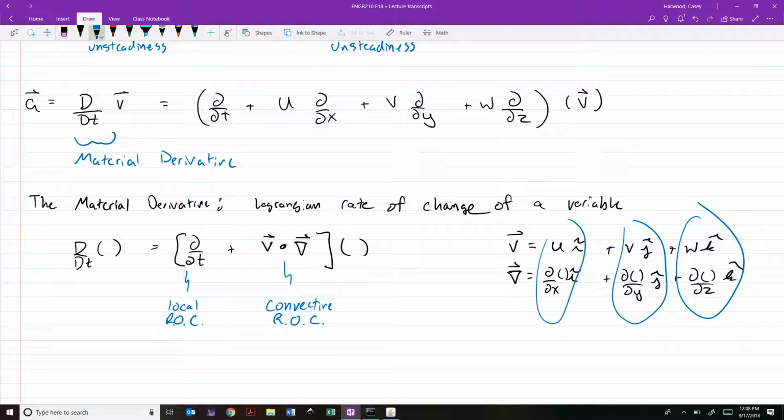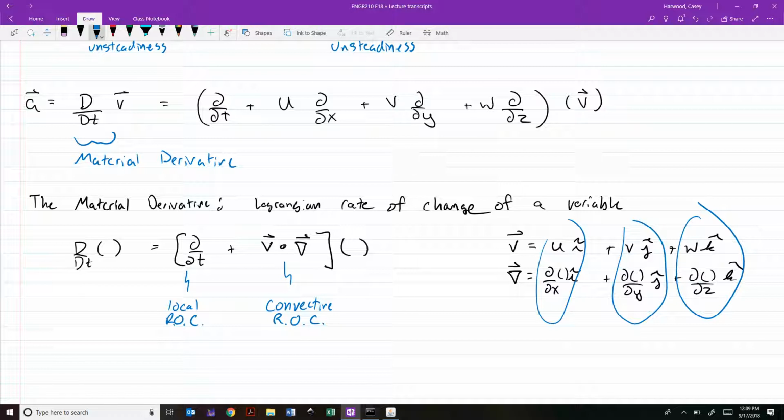So about the local rate of change, wouldn't the use of the gradient operator imply, because we have v as a function of u, v, and w, and u, v, and w in turn are functions of x, y, z, and t, that the gradient would have a term dv/dt?